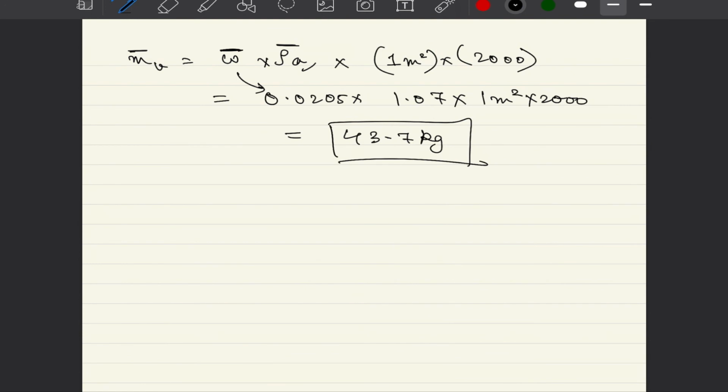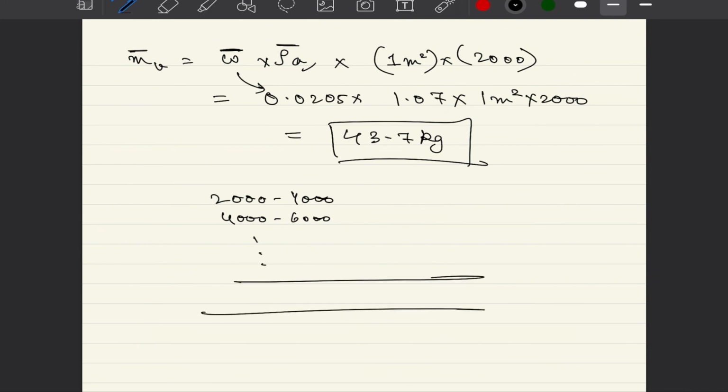So the first 2 kilometers of atmosphere at saturation only contains 43.7 kilograms of water. We keep on doing these repeated calculations for 2000 to 4000, for 4000 to 6000, and so on, and we calculate that the total sum of mass of vapor that is present is equivalent to 77 kilogram.